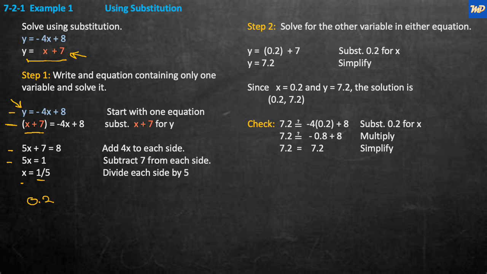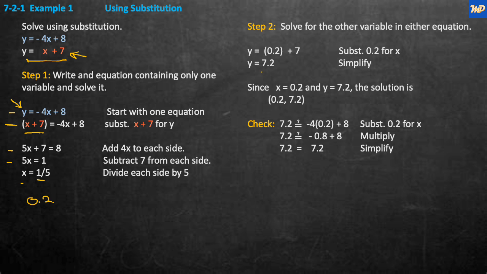Then the next step in solving this is you solve for the other variable. So you go back to either equation. It does not matter which equation you pick. And you substitute in 0.2 for your x in the easiest equation you have. The easiest one is the same one we used, where we had x plus 7. We're going to get y is equal to 0.2 plus 7.